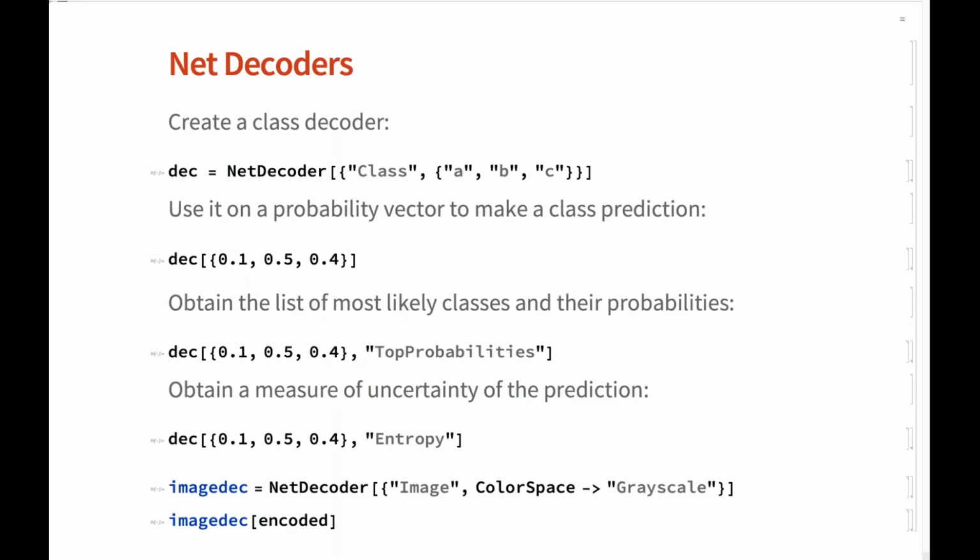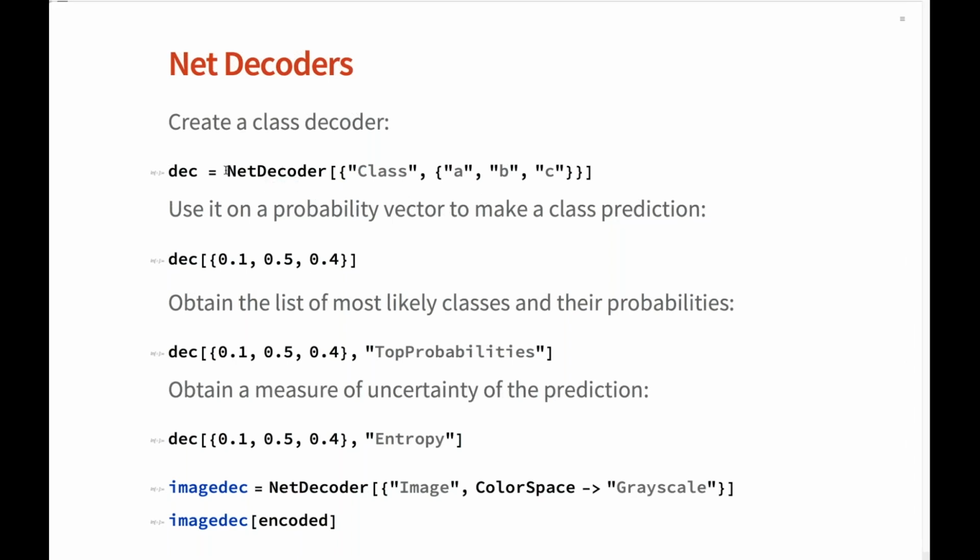For those kinds of probability vectors, we have to develop the net decoders, which can take the vector input and then, based on those raw probabilities, give us the classes.